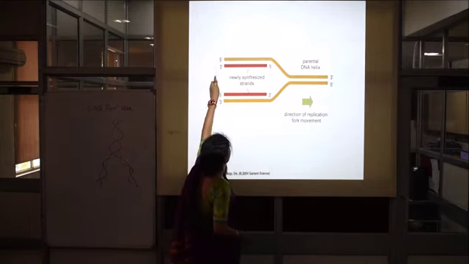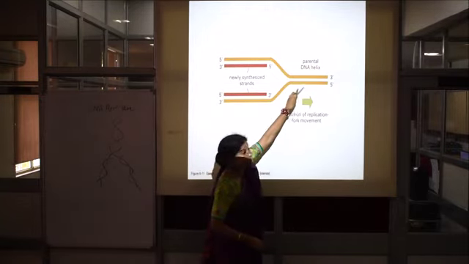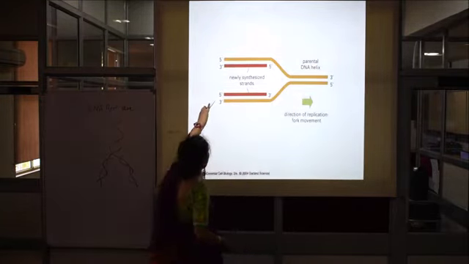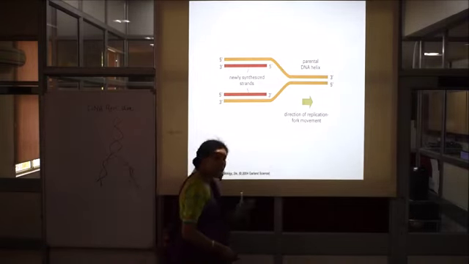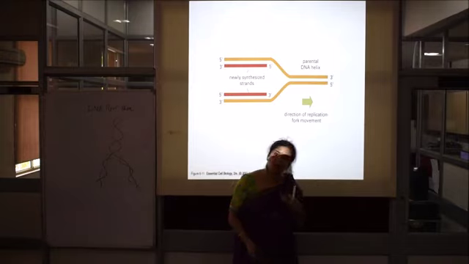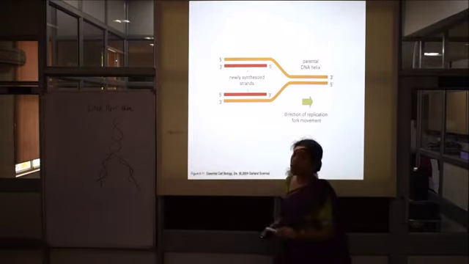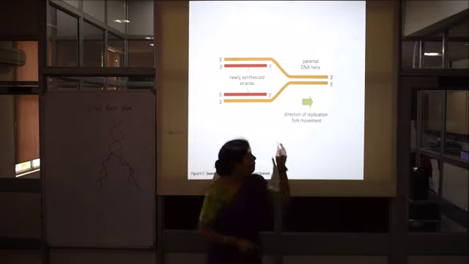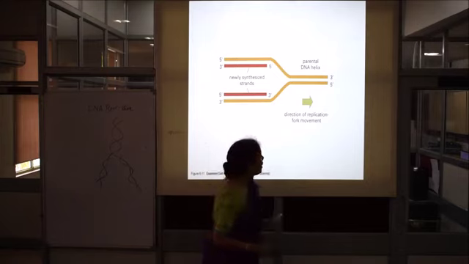Opposite the 5' there is going to be a 3', and opposite the 3' there is going to be a 5'. A similar pattern can be observed here. So DNA replication follows one direction, which is always 5' to 3'. Since the directions of both the parent strands are opposite, the way of replicating both the strands is going to be different in DNA replication.